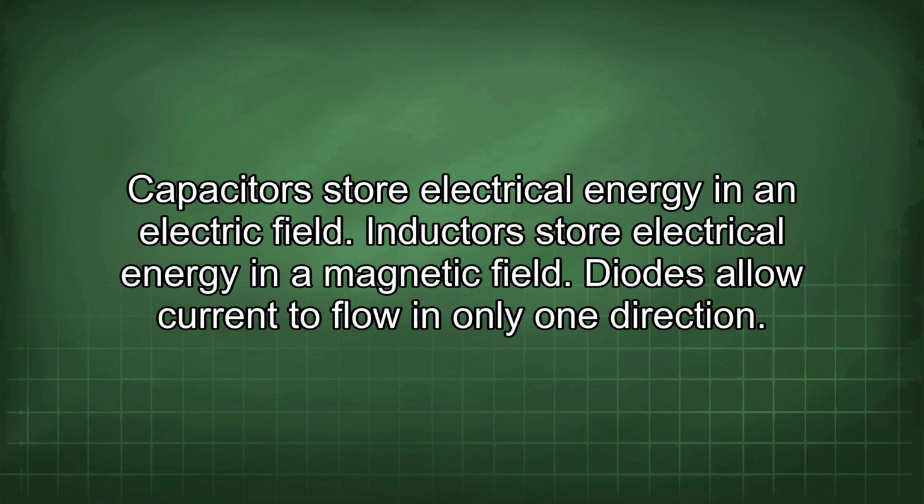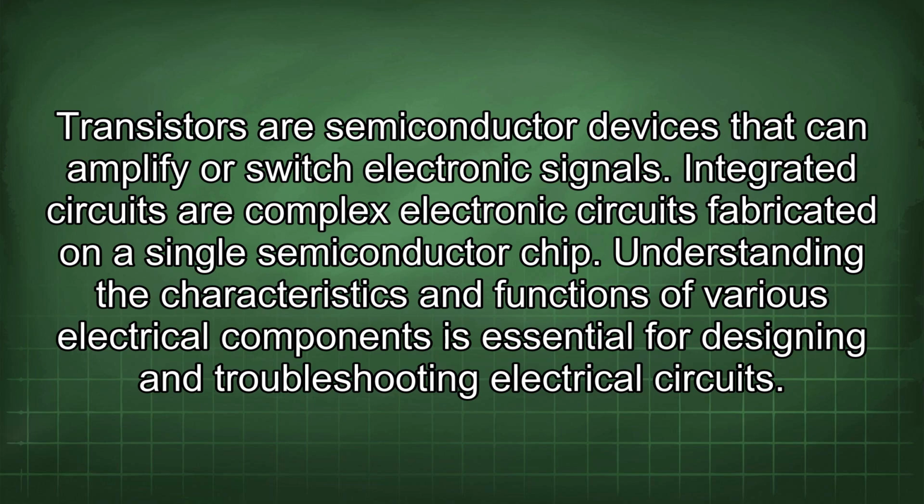Diodes allow current to flow in only one direction. Transistors are semiconductor devices that can amplify or switch electronic signals. Integrated circuits are complex electronic circuits fabricated on a single semiconductor chip. Understanding the characteristics and functions of various electrical components is essential for designing and troubleshooting electrical circuits.